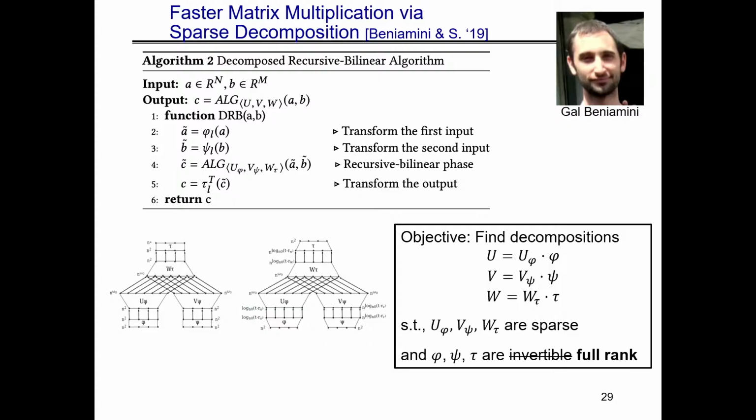And what you can further do, since these are not square matrices, is that they are not n square log n costs, they have some lower degree polynomial costs. So say if this is n to the 2.7, then that would be n to the 2.3.